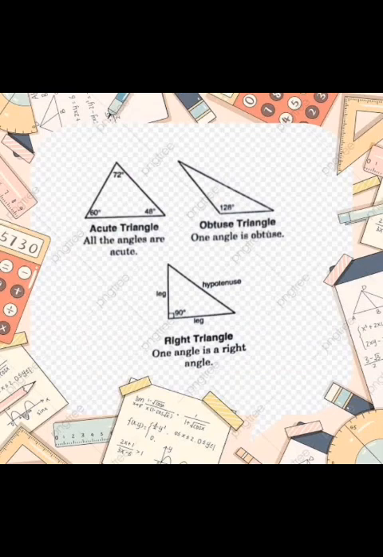Acute triangle: all the angles are acute. Obtuse triangle: one angle is obtuse. Right triangle: one angle is a right angle.